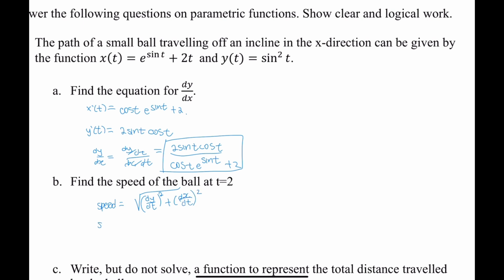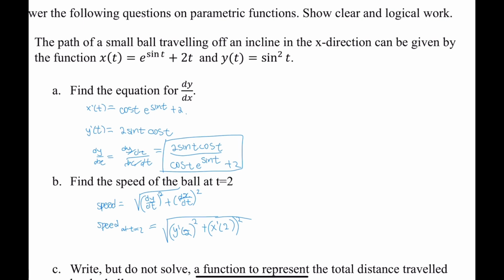And then speed at t equals 2 is going to be y prime 2 to the power of 2 plus x prime 2 to the power of 2. Okay, so I got around 1.228.